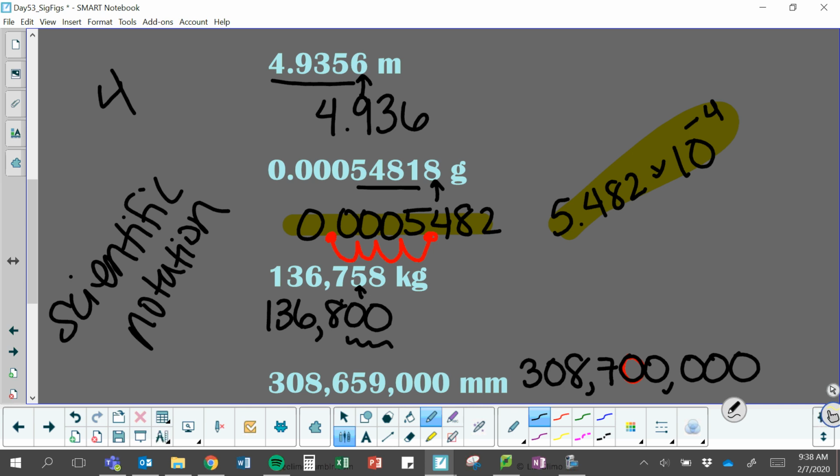Okay, so this next one would be 1.368. We're only doing those 4 to show that they're the only ones that are significant, times 10, and this time we moved it from here 1, 2, 3, 4, 5 places, and this time it's not negative because our answer is bigger than 1.36. And this last one we would write 3.087 times 10.